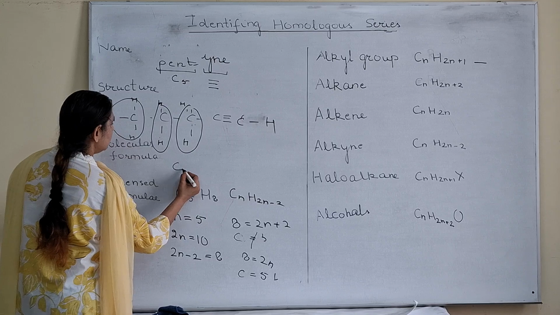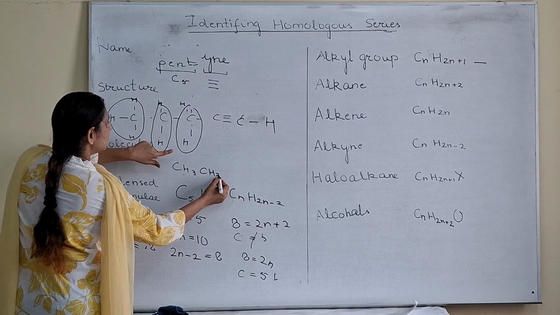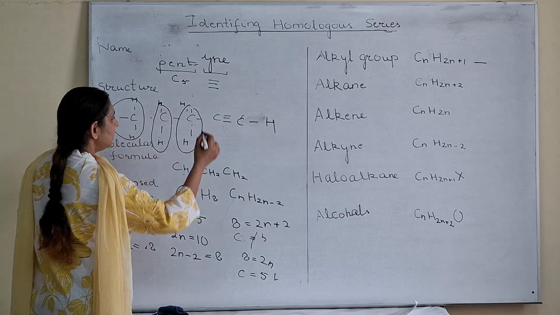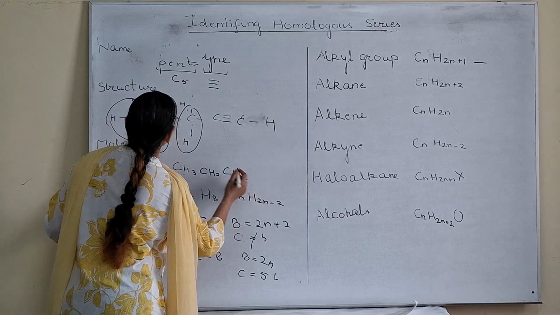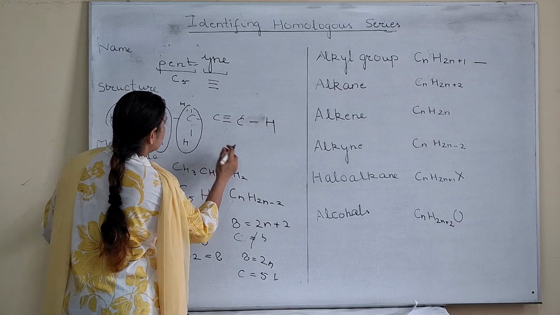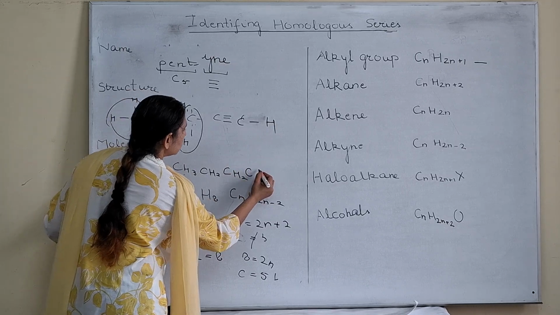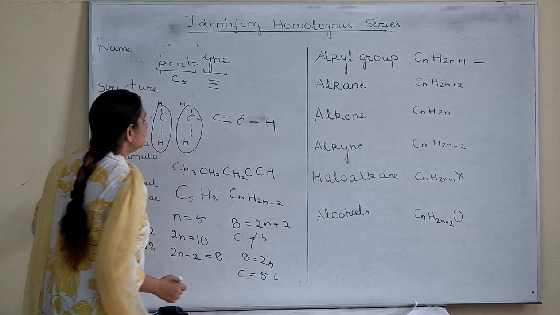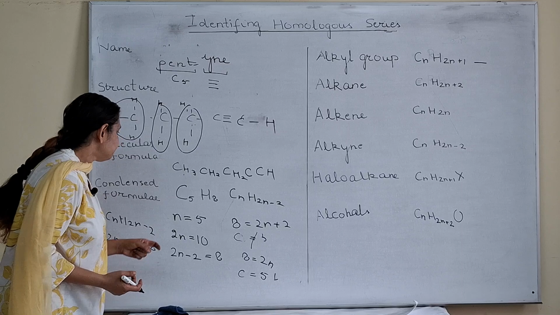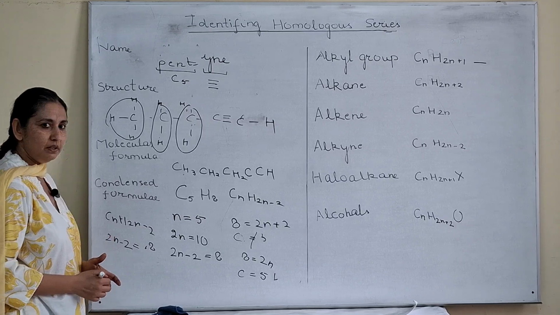So CH3, this gives you CH3, this gives you CH2, CH2, CH2, and then a triple bond, and इसके साथ कोई और हाइड्रोजन नहीं है, so C, and now इसके साथ एक हाइड्रोजन है. So this becomes the structure of this compound pentyne. So I think we have understood this example, I hope.